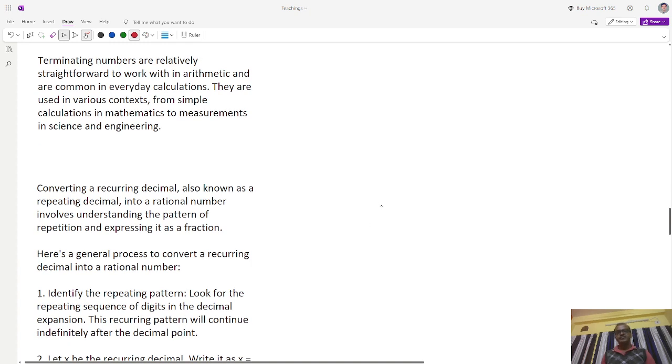Here, I am going to discuss how a recurring number is expressed as a rational number. How do we go from this to this?